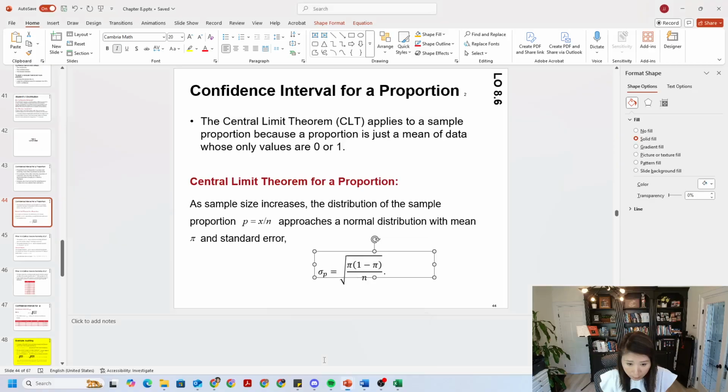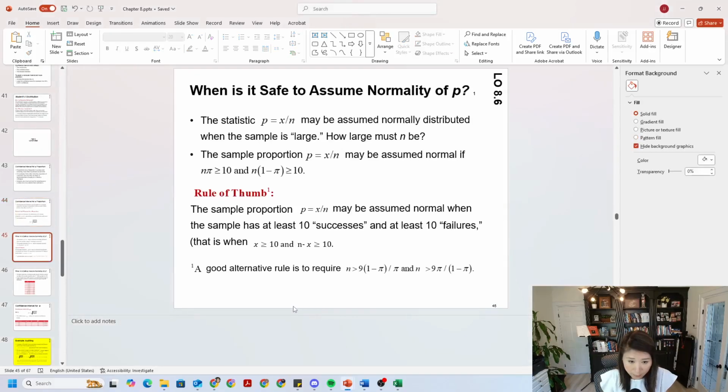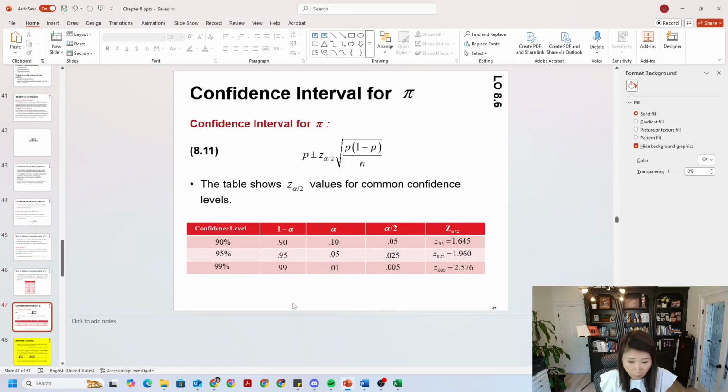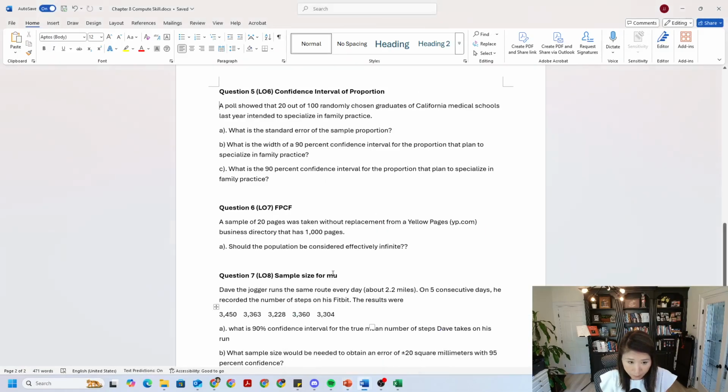Now let's look at question number 2. B: What is the width of a 90% confidence interval for the proportion that plan to specialize in family practice? The specializing in family practice is the proportion we calculated. After that, we calculate what the 95% confidence interval is for the proportion that plan to specialize in family practice.